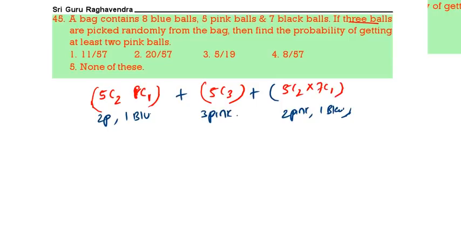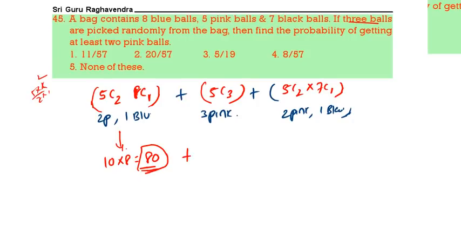Now do the calculation. 5C2 means 5 into 4 by 2 into 1, that is 10, into 8, that is 80.